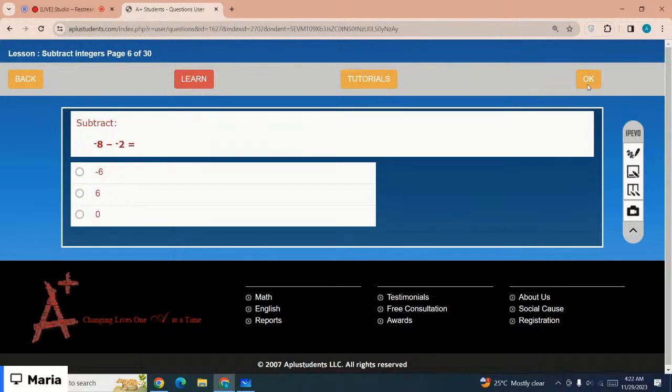Yes, it is negative 2. Very good. Subtracting a negative number is same as adding. So it would be negative 8 plus 2, right? And 8 is a greater number with a negative sign. So answer must have a negative sign. Yes, that is negative 6 is the correct option. Very good.